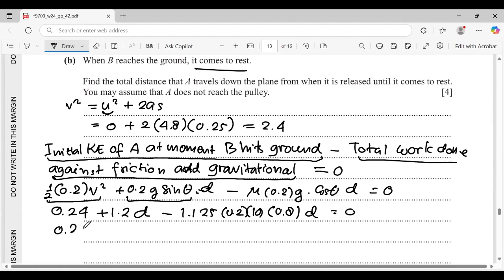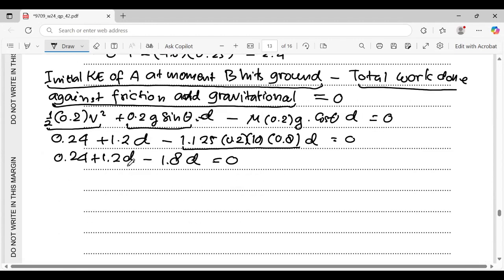So it becomes 0.24 plus 1.2d minus 1.8d equals 0, so 0.24 minus 0.6d equals 0.